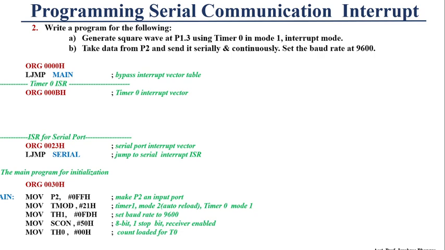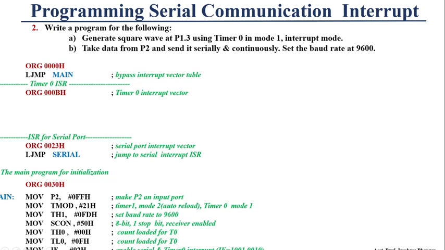Again here we are loading the count for the square wave generation, that is 00H into TH0 and 0FH into TL0. As we are using this timer in mode 1, we load a 16-bit value into TH0 and TL0. Again we have to enable the interrupt, so we move the value MOV IE, #92H. Here we are enabling the serial interrupt as well as the timer 0 interrupt, and that's why we get the value 92H.